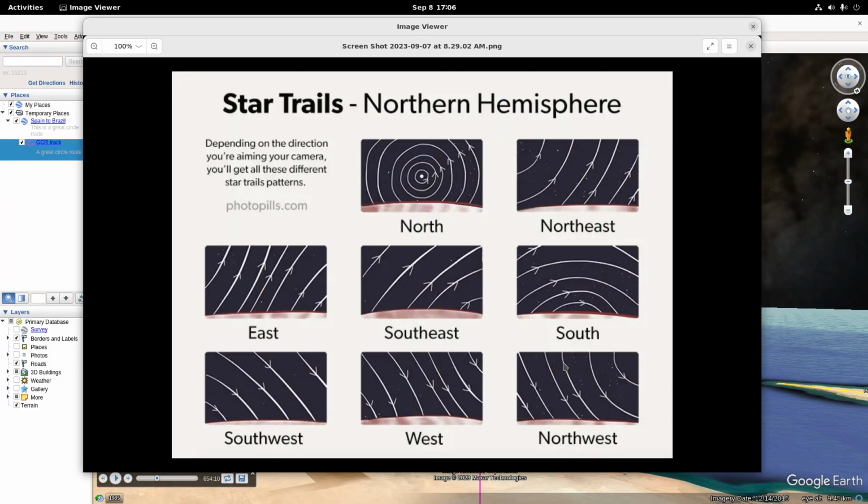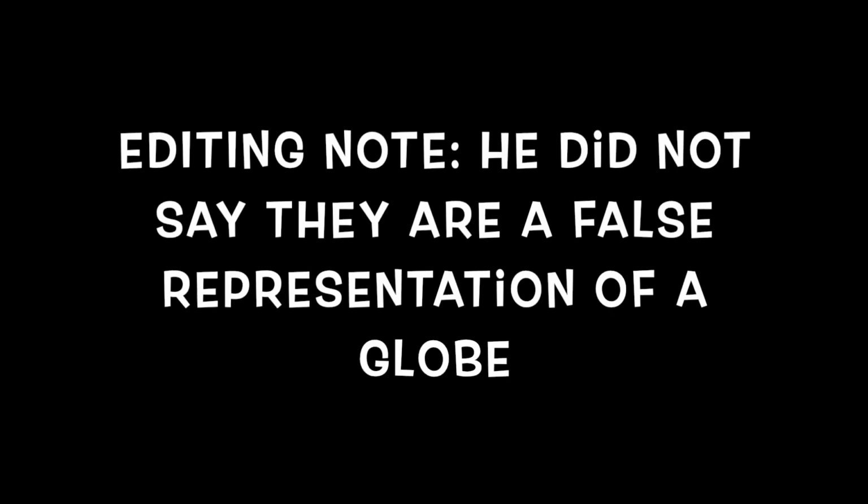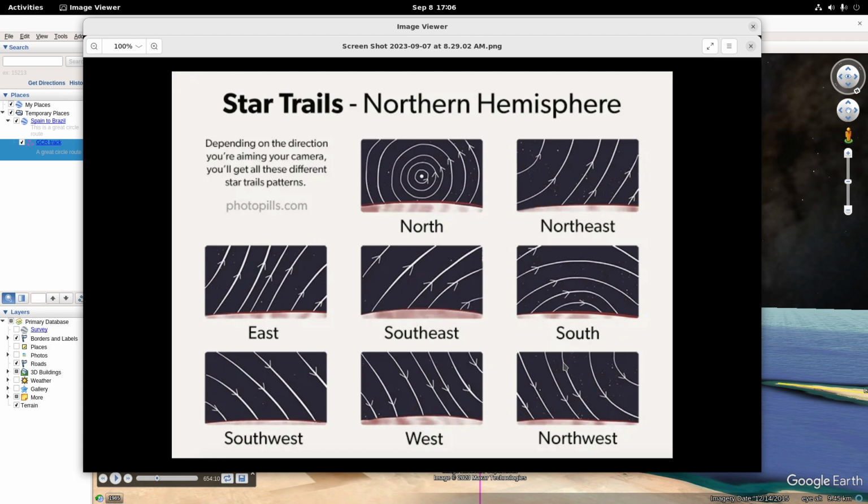I did not hear Taboo Conspiracy say that these specific star trails are a false representation of reality. Therefore, I will have to go on the assumption that Taboo Conspiracy agrees that the star trails that are represented in this fashion are indeed correct.